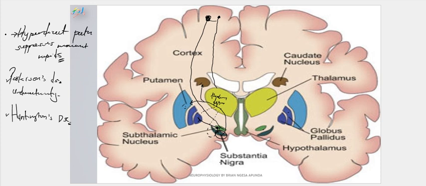So this normally occurs when there is the degeneration of the striatum. So with the degeneration of the striatum, meaning that we do not have an adequate amount of putamen and caudate, we'll be expecting some problem, because the main aim of the putamen and caudate is to send inhibitory signals to either the globus pallidus internus or to the subthalamic nucleus.